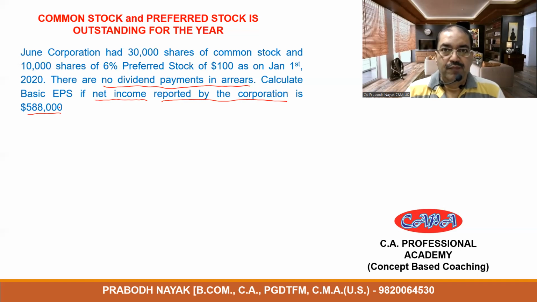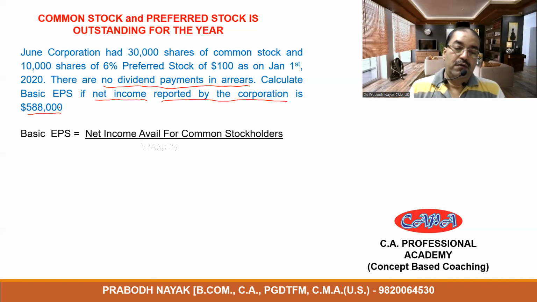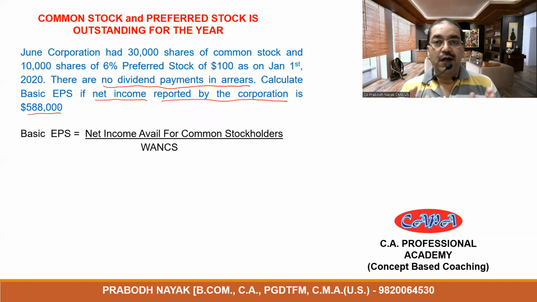Now, first of all, there is preferred stock. So when I take my formula for calculation, basic EPS equals net income available for common stockholders divided by the weighted average number of common shares. What is the net income available for common stockholders? It is 588,000, but that is for both the stockholders, preferred stock and common stock together.